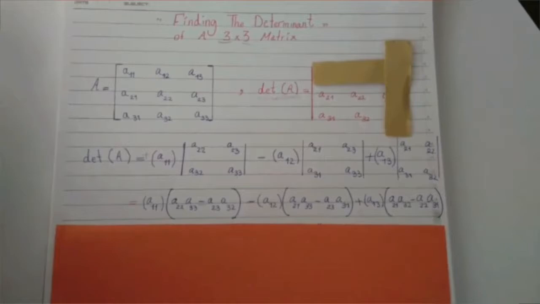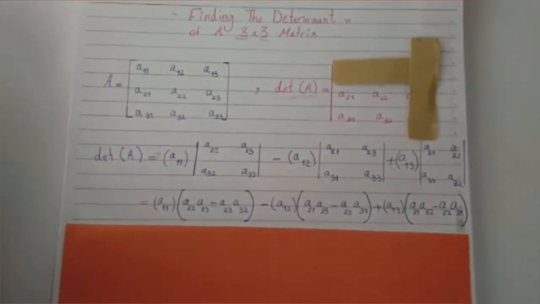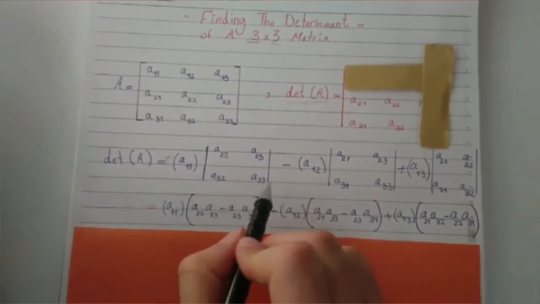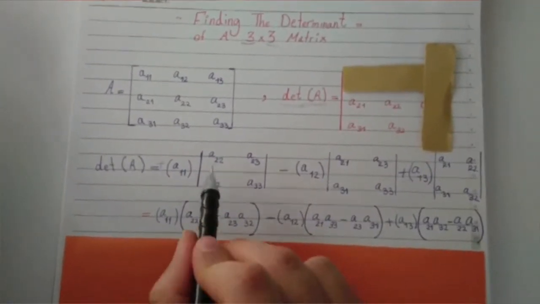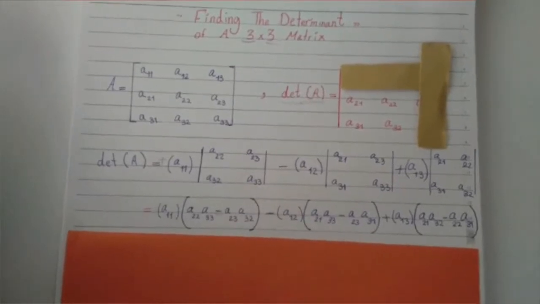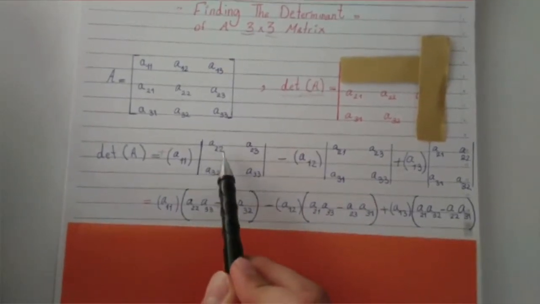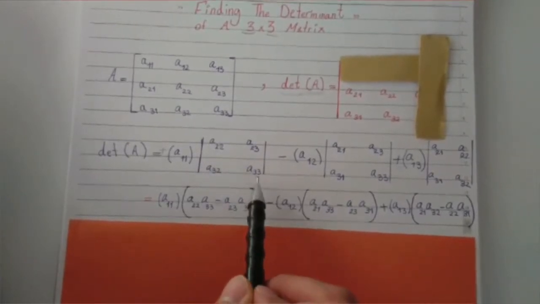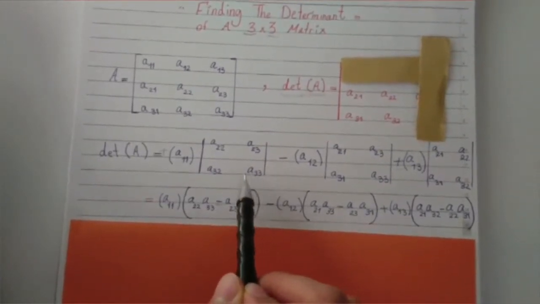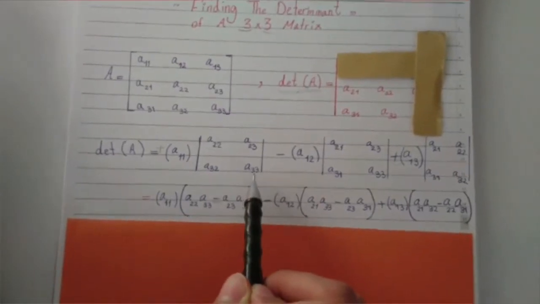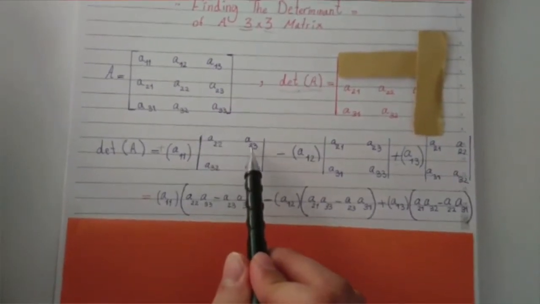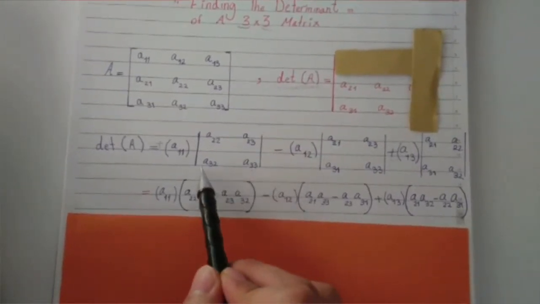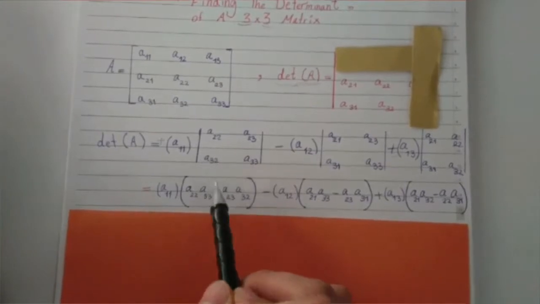And I assume that you already know how to find the determinant of a 2 by 2 matrix. But looking at it here, I tell you again that we multiply the top left entry by the bottom right entry and subtract the top right entry multiplied by the bottom left entry.